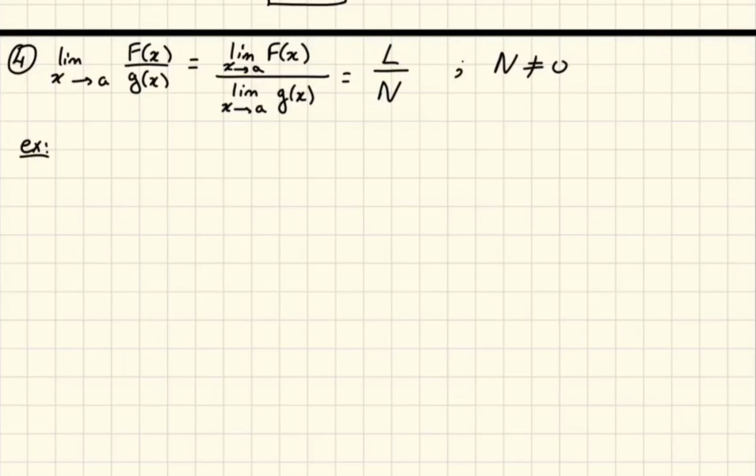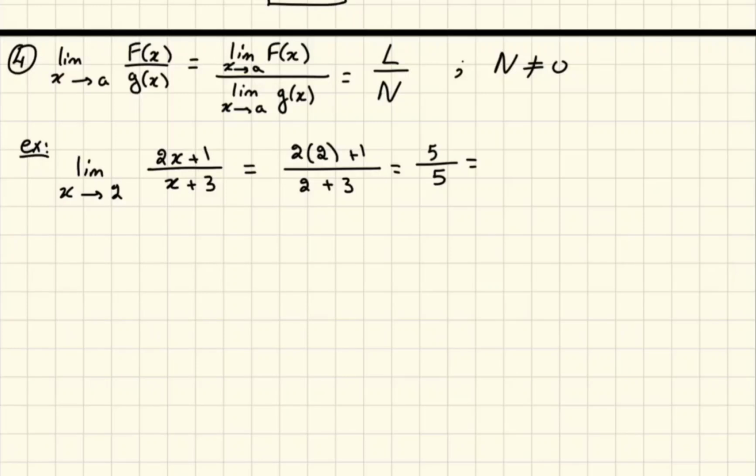Example, if I tell you find the limit as x approaches 2 of 2x plus 1 over x plus 3. When you're doing this, you're going to replace x by 2. And you get 4 plus 1 on top, which is 5, down 5, and the answer will be 1.